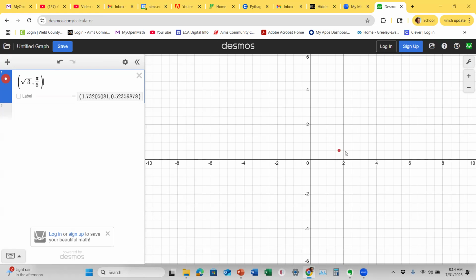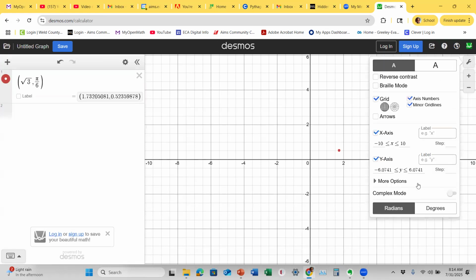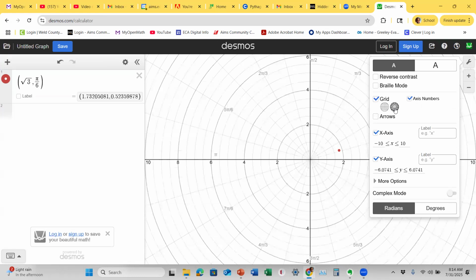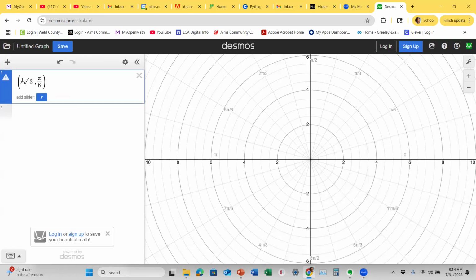Okay, so that's what it is in Cartesian coordinates here. If I switch this to polar coordinates, I have to say r is equal to that and theta equals that.